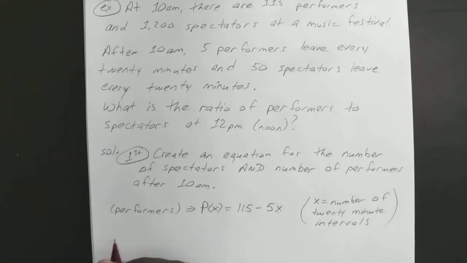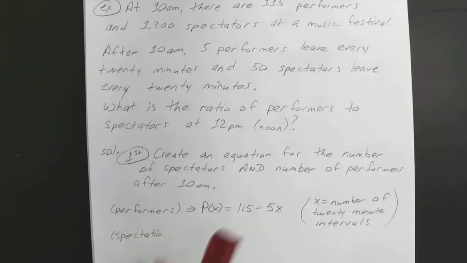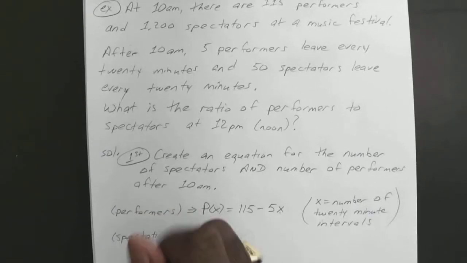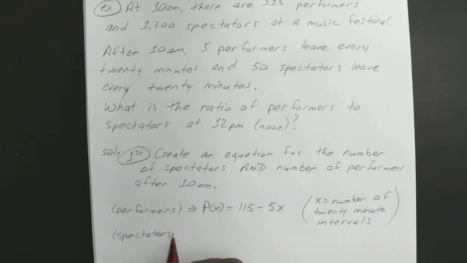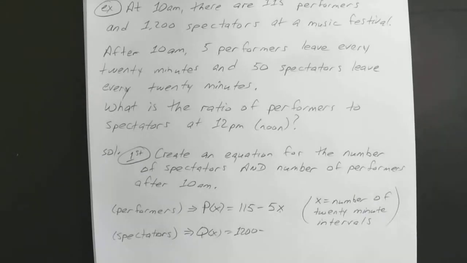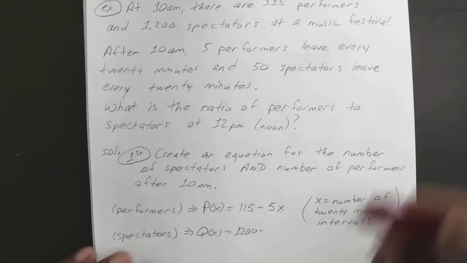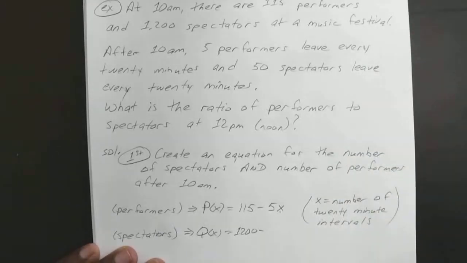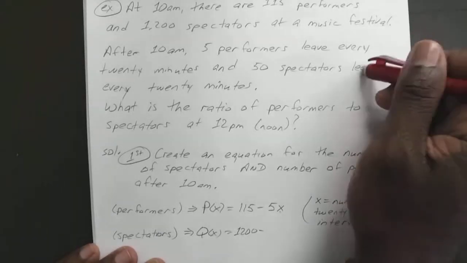Okay. So about the spectators, we'll create one. We'll call that Q of X. Okay. So we know we started off with 1200. Oh, actually, this should be spectators arrive.